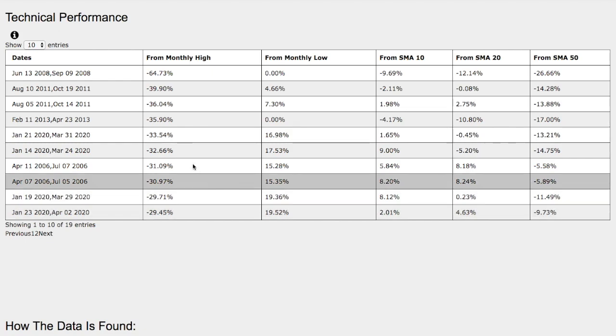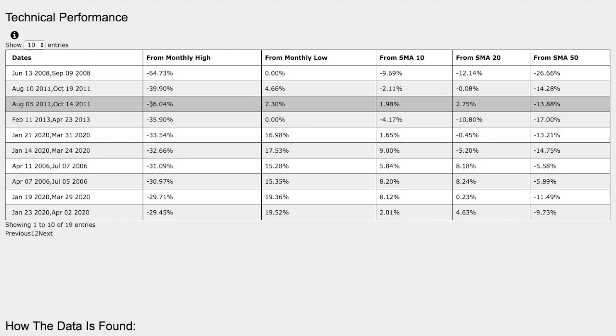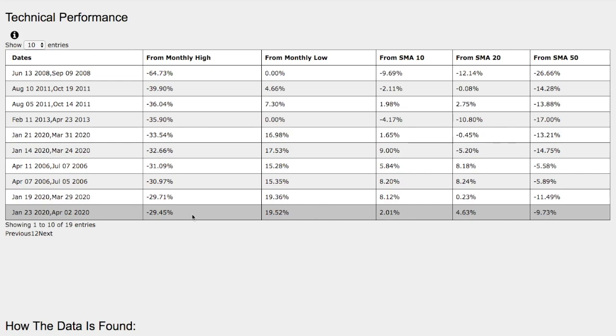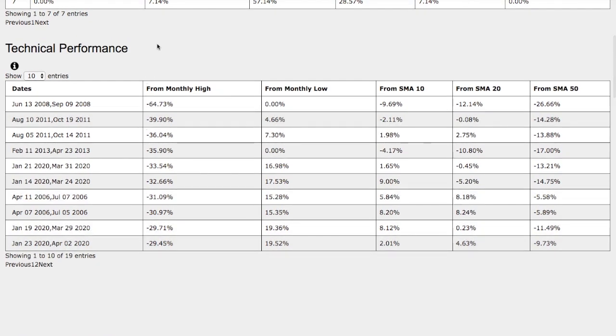Now if we compare that to the trend that we just examined, it is down 36% from monthly high, up 7% from monthly low, up 2% from 10 simple moving average, up 2.8% from 20 simple moving average, and down 14% from 50 simple moving average. So there is a quite similar pattern in the technical performance as in the current trend. So do take that into consideration.